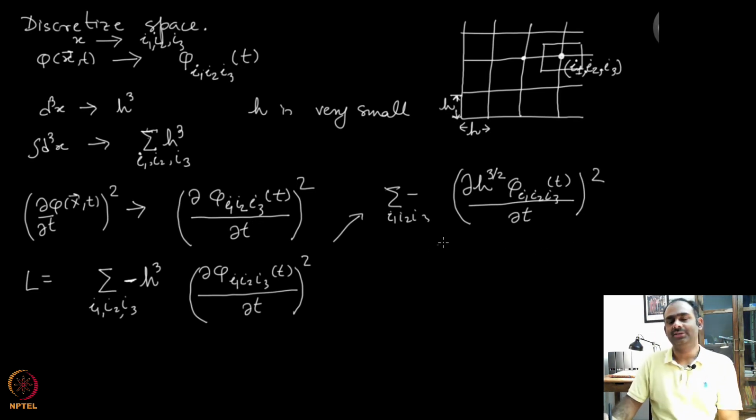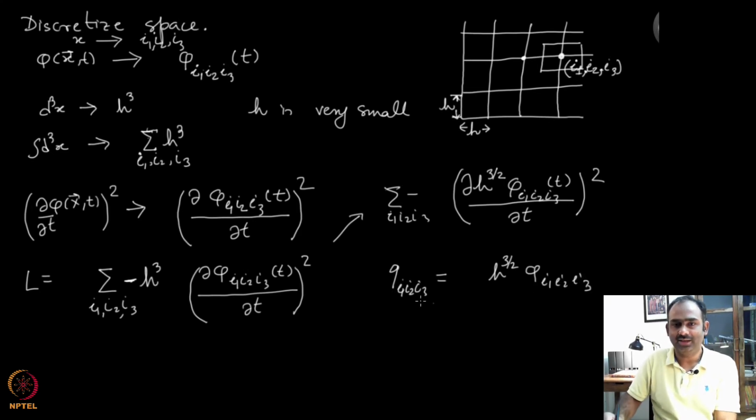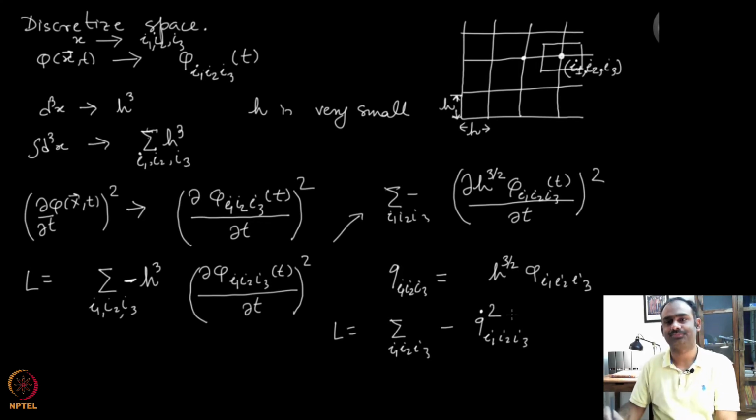So you see, if you regard q at I1, I2, I3, that's what I am defining. I am defining q as the coordinate, which is h 3 halves of phi at I1, I2, I3. Then the first term of the Lagrangian is, you have to sum over all the coordinates, minus q dot squared.